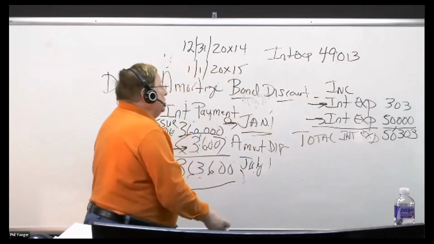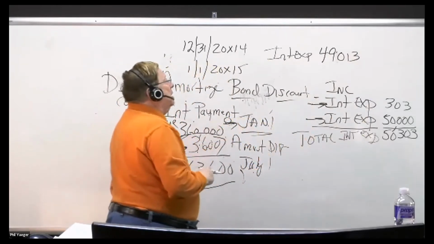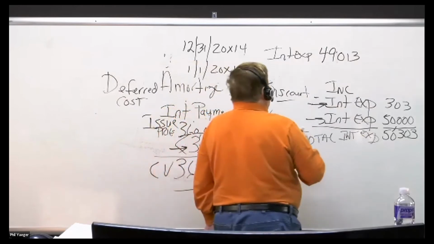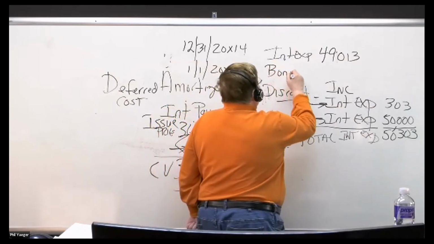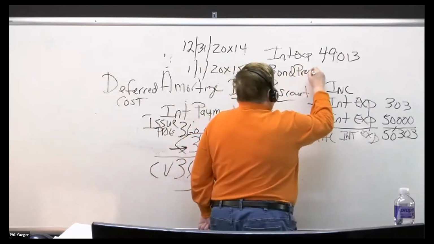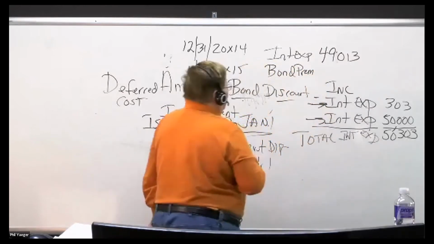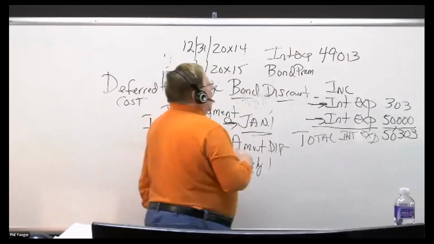Now I have to amortize the bond premium on this date. Anytime you show that you owe or pay interest, you amortize the premium. So I'm going to debit bond premium. How much do I amortize for the bond premium on that date? 987.